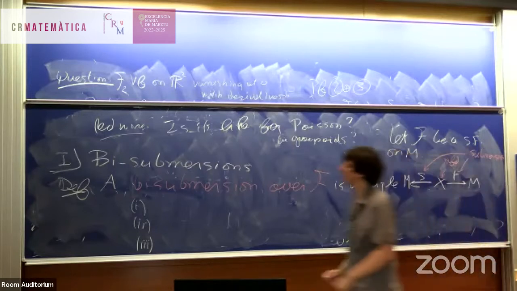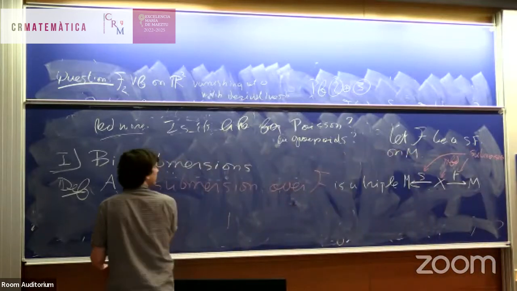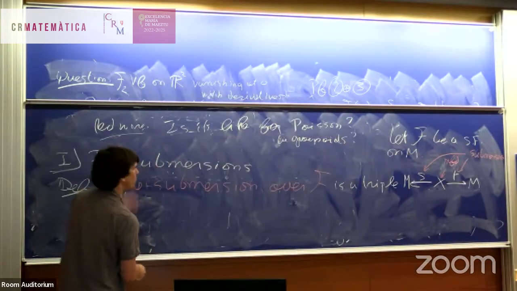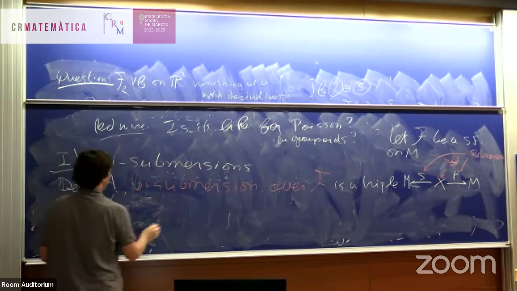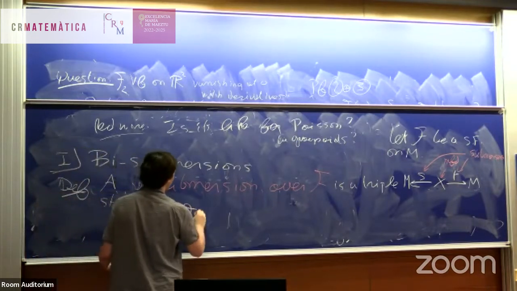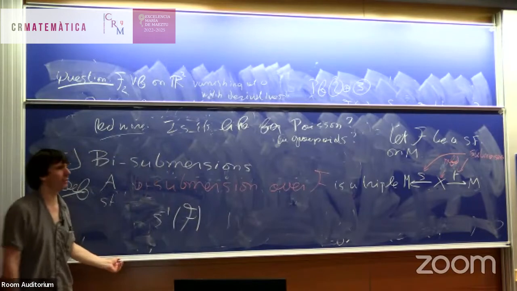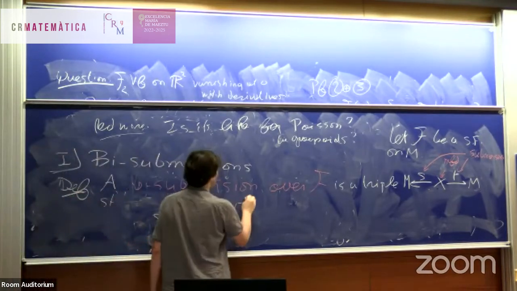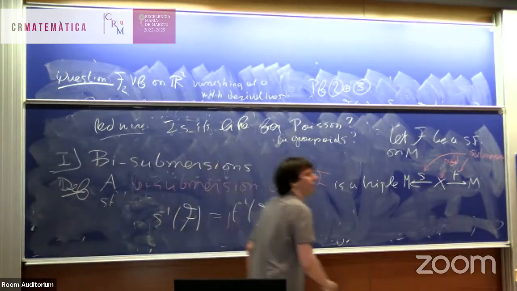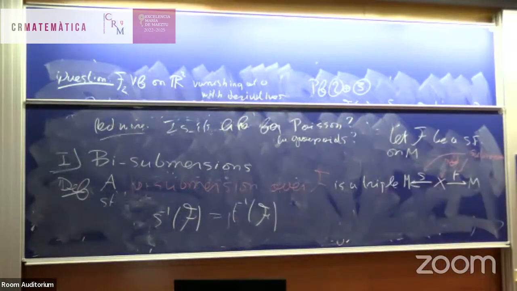So I want that if I pull back F by the source, this is equal to the pullback of F by the target.